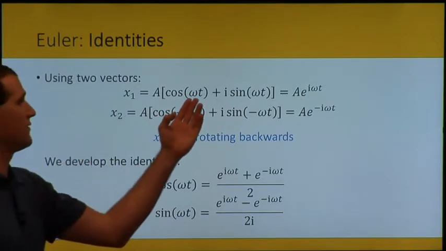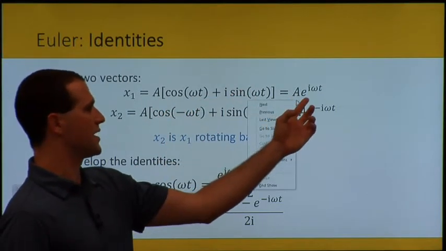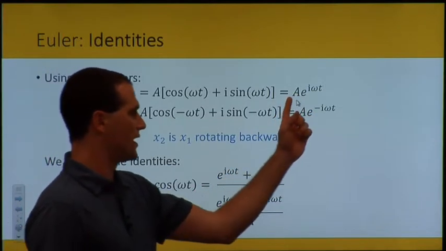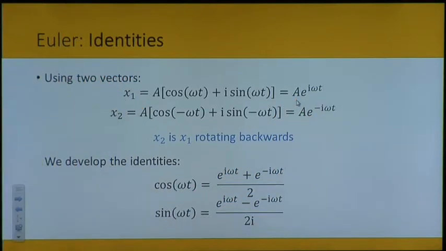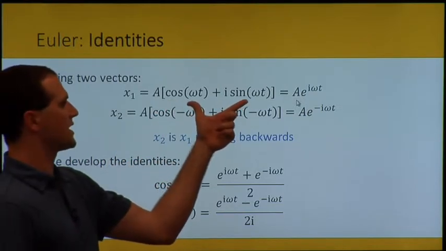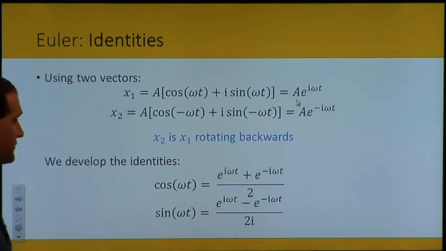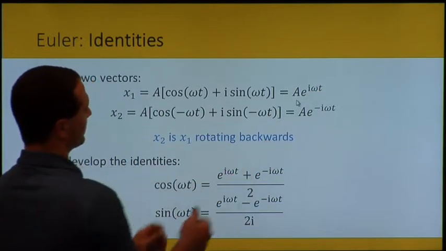And I also have another way of expressing the same complex function, and that's just in terms of exponentials. So I said that cosine omega t plus i sine omega t is equal to e to the i omega t. So these are the same thing.